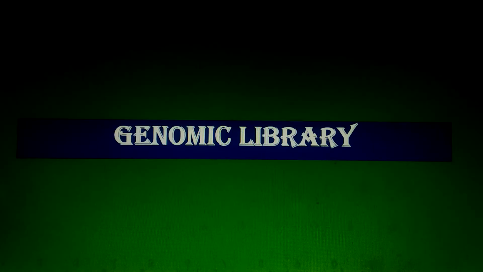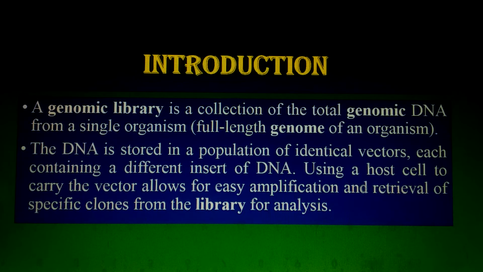So first of all, I'm going to discuss the genomic library. How can you define the genomic library? A genomic library is a collection of the total genomic DNA from a single organism, meaning the full length genome of an organism.